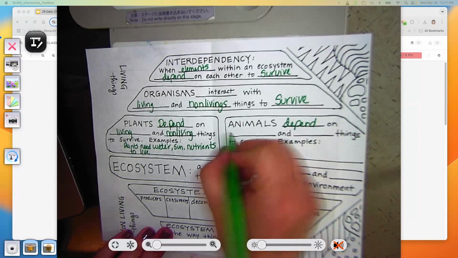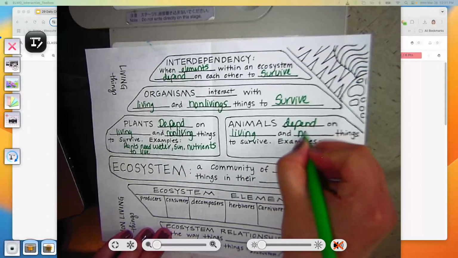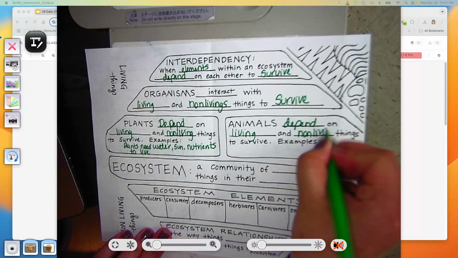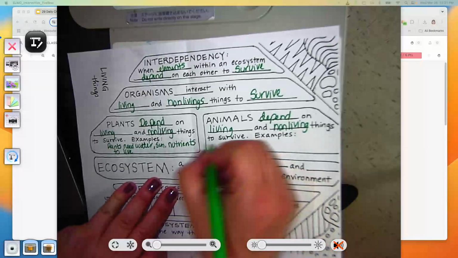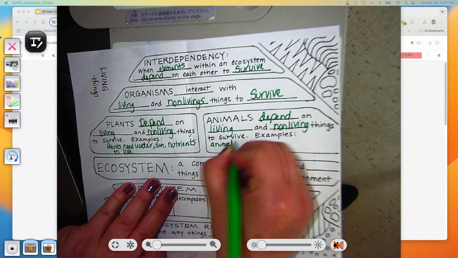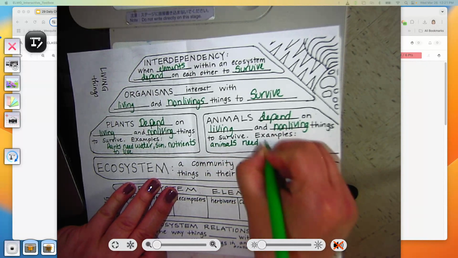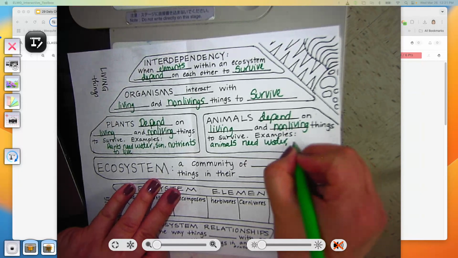Animals depend on living and non-living things again to survive. For example, animals need what? Water. Plants and other animals?